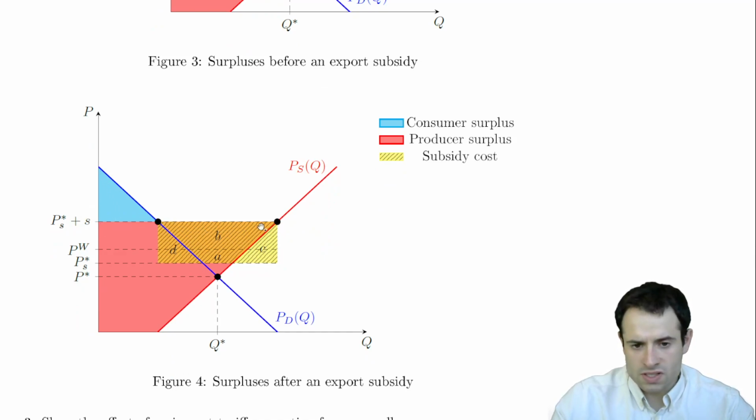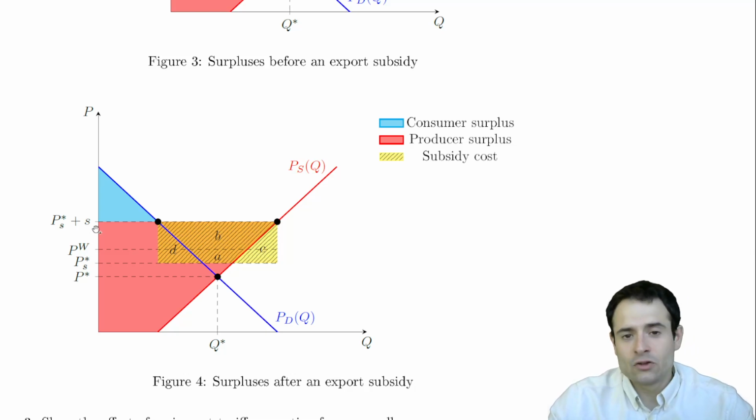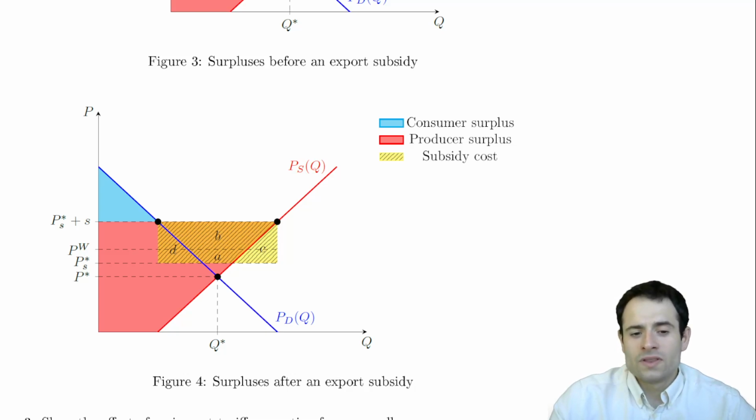The producer surplus is now bigger. Now, we need to look at the total amount of goods being exported, and there is going to be a subsidy cost associated to that quantity. At this price, the difference between supply and demand here is what's going to constitute the exports. This quantity here is going to be the quantity that firms are going to export to the foreign country.